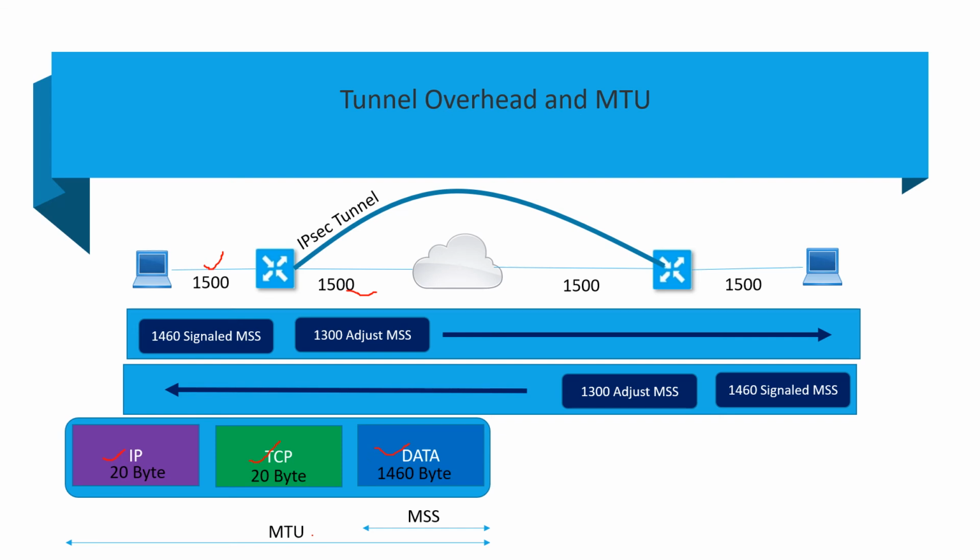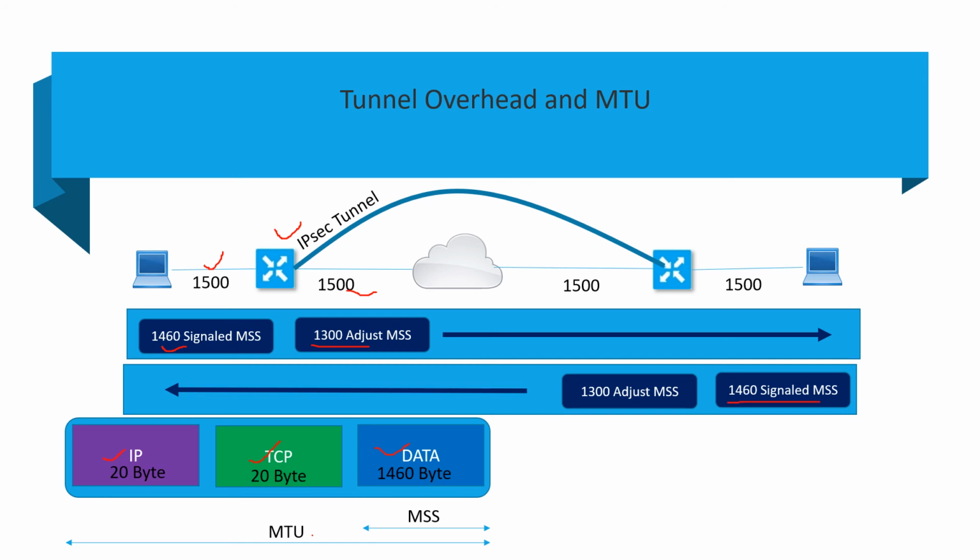So this machine, which is trying to send data over the IPsec tunnel, signals a 1460 MSS value. And whenever this packet hits the SD-WAN equipment, it is going to adjust based on the overhead it is going to add. So let's say it adjusts to 1300, which is communicated to the remote host.